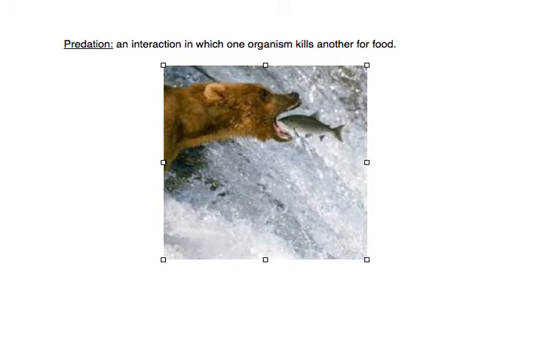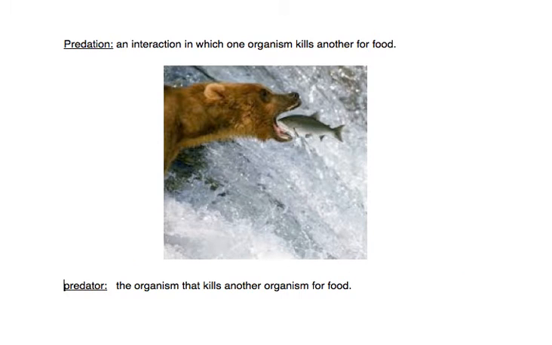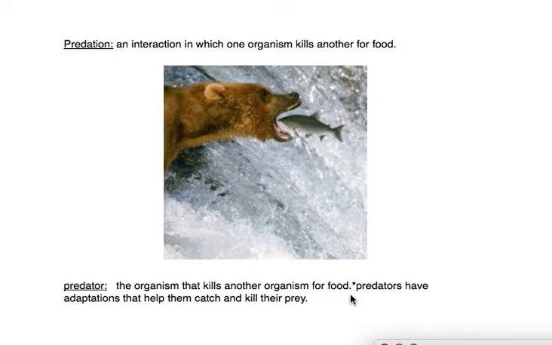It's important to note that the predator is the organism that kills another organism for food, and the prey is the organism that is killed. Predators have adaptations to help them catch and kill their prey.